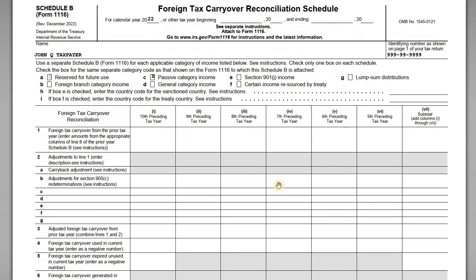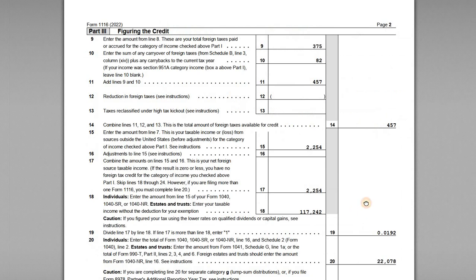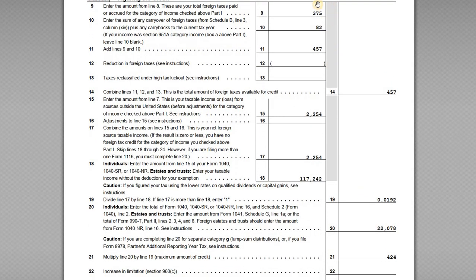So if we go back to Schedule B, we've already entered line 1. So now we're trying to figure out, well, how much of that credit are we going to actually use? So what are the ordering rules for this, and how are the credits going to be used? Well, the current year credit is $375, and the limitation is $424. Under the ordering rules, you have to use all the current taxes first.